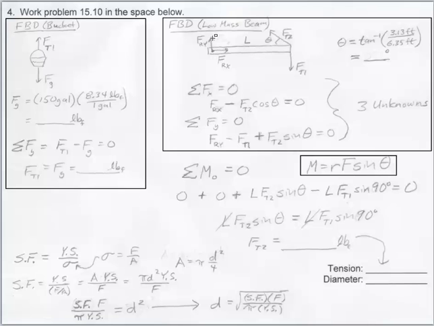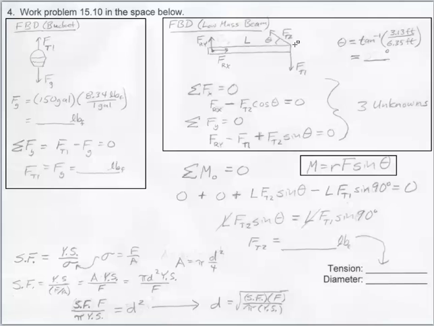But because these forces are applied at the origin, there's no lever arm. So r is equal to 0 for these two, and therefore their moments are equal to 0, even though the forces are not 0. In other words, you can't push on this axis right there and cause a rotation. You have to have the forces applied at a distance from the point of rotation in order to cause a moment, also known as a torque.